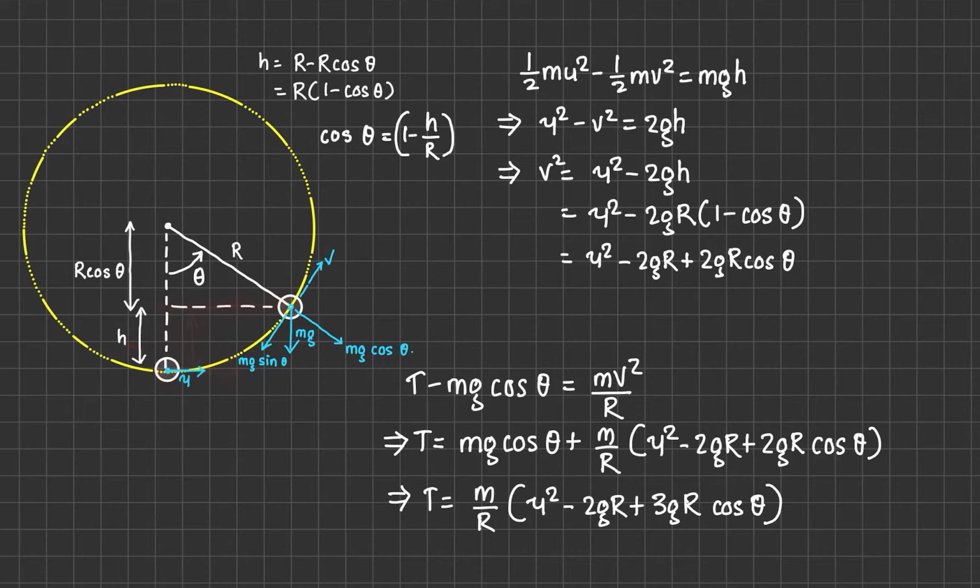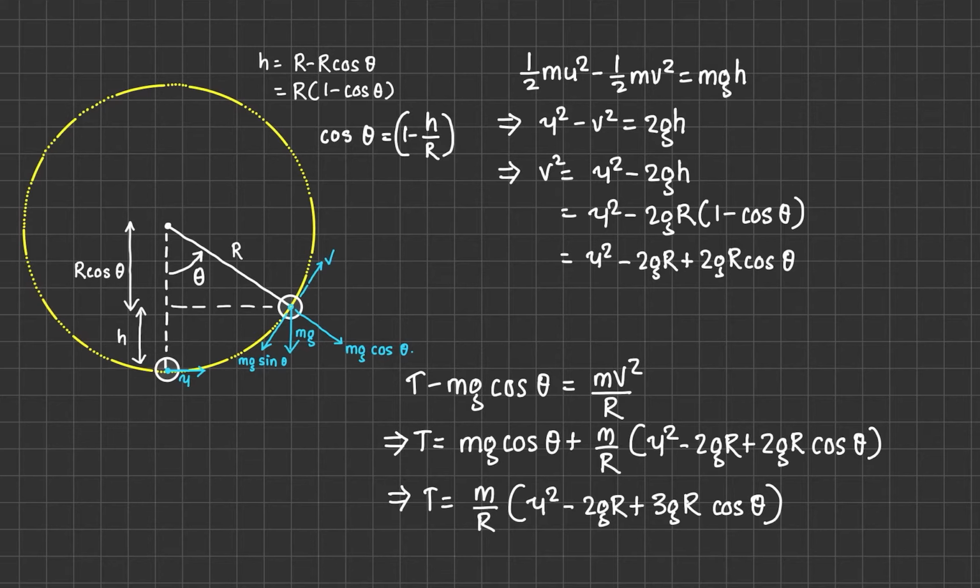If this entire radius is r, this is also a radius and hence it is r. Let's say the angular displacement is theta, then this portion right here will be r cos theta. So our h value will be r minus r cos theta. This value we have derived here, and from here we get cos theta equals 1 minus h by r.